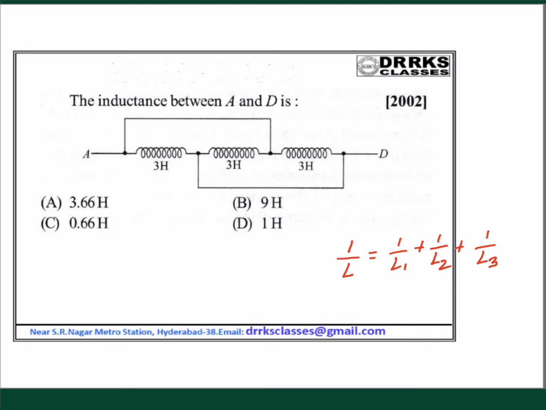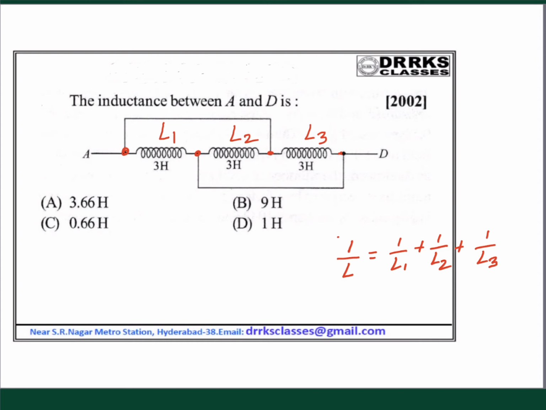Three inductors L1, L2, L3 are connected in parallel, because when potential difference is same across the three, they are parallel. So the inductance function is similar to that of resistance.